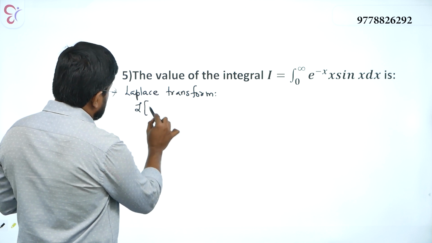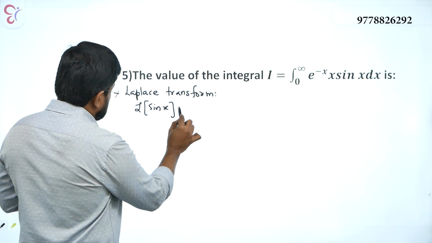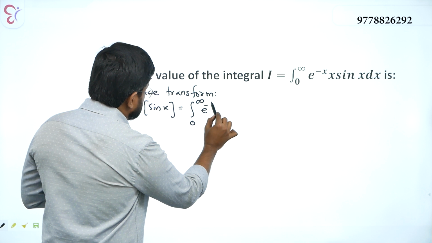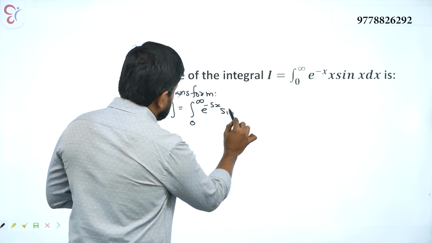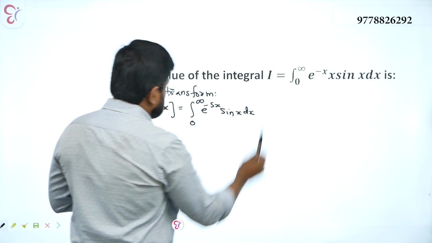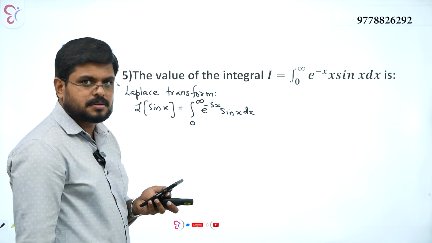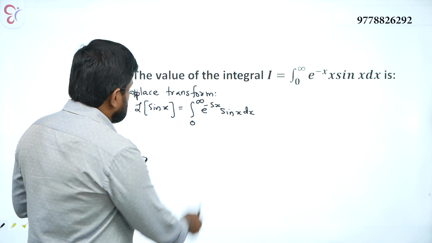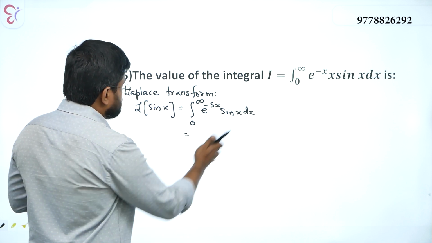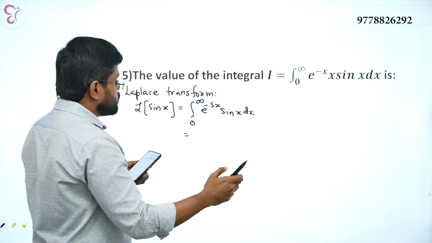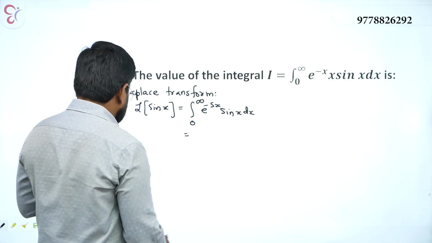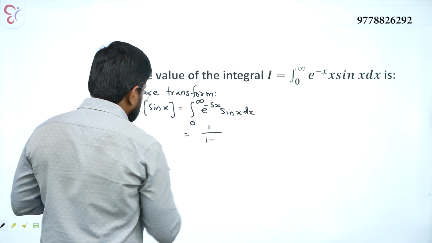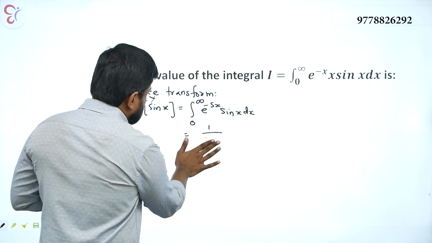It is integral 0 to infinity e raised to minus sx into sin x dx, isn't it? Clear? So this is the Laplace transform that we have studied. So here, since a is equal to 1, the Laplace transform is 1 by 1 plus s square, or 1 by s square plus 1.